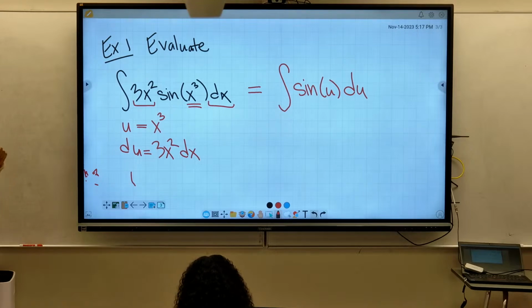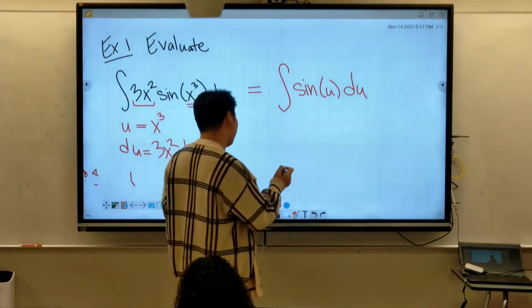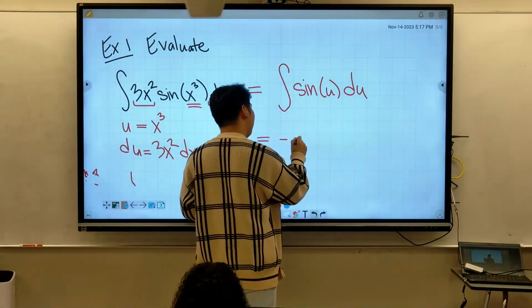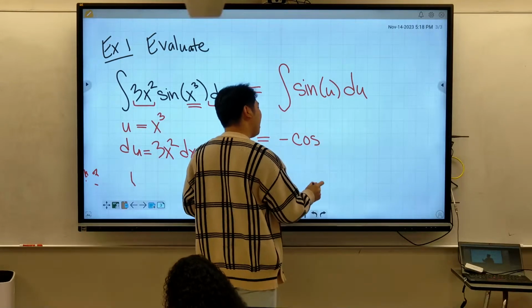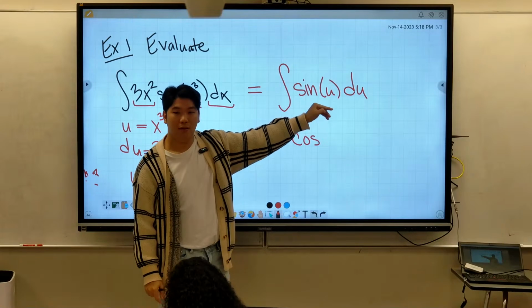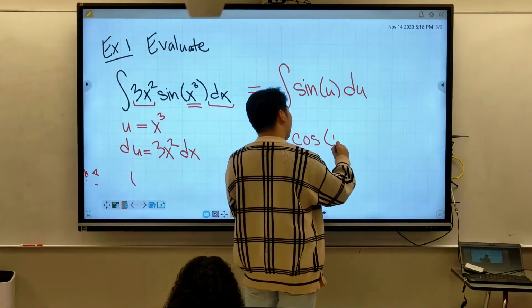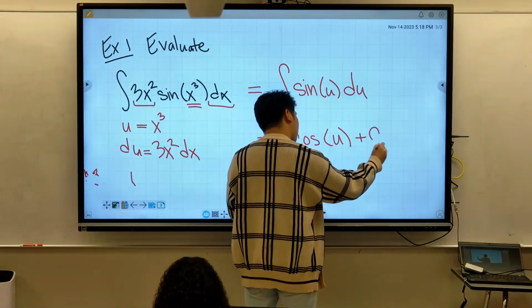So why is this helpful for me now? Well, we know how to integrate sine. What's the integral of sine? That is the derivative of what function gives me sine again? Yeah, we have negative cosine. And notice here, my integral had u. So here, I should also write u. So negative cosine of u plus a constant.